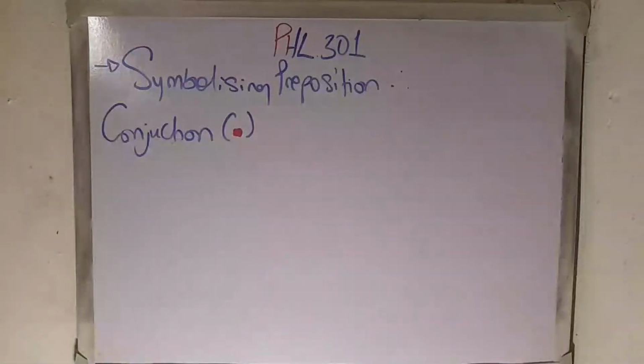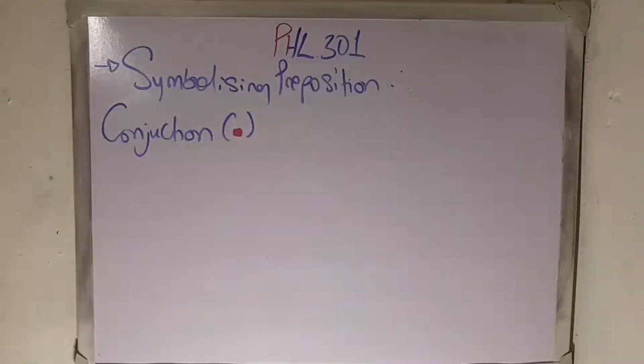For you to obtain the conjunction of two propositions, what you need to do is to place the conjunction sign, which is dot, in between the signs of the two propositions called conjuncts.